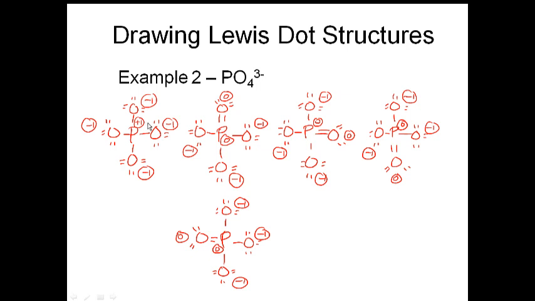You are allowed to move lone pairs and pairs of electrons that are involved in multiple bonds. You are allowed to move those as long as you don't violate the octet rule.